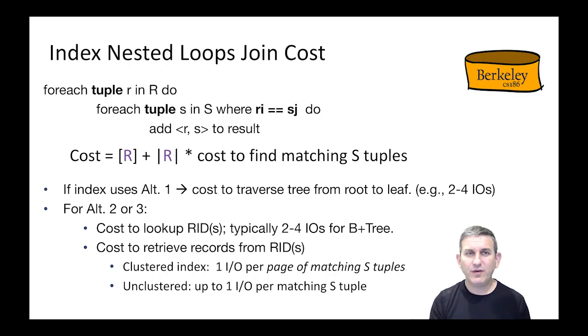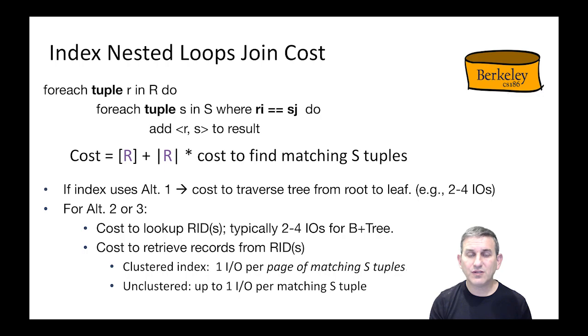Now the cost of evaluating index nested loops join is a bit trickier than what we saw with our previous join algorithms. So let's have a look here. Roughly speaking, the cost is to scan R, and then for each tuple of R, it's the cost of finding the matching S tuples. But we have to deal with our various index variants, the alternatives, and whether it's clustered or not.